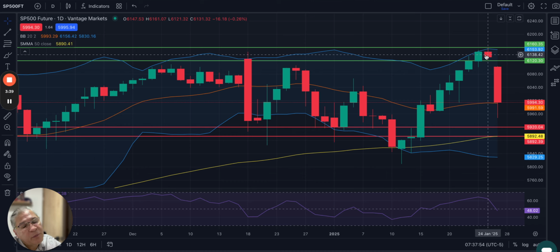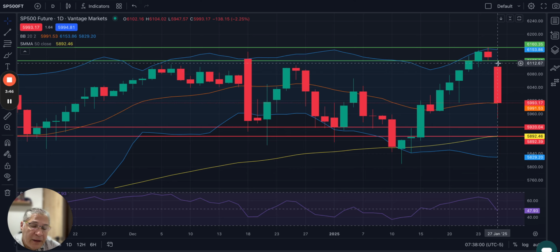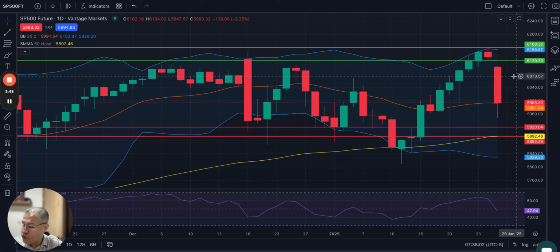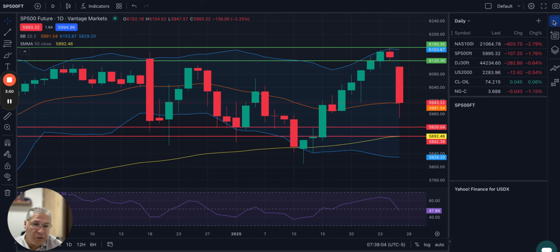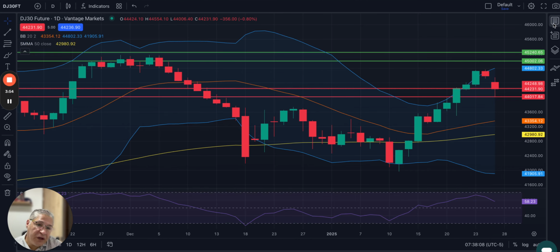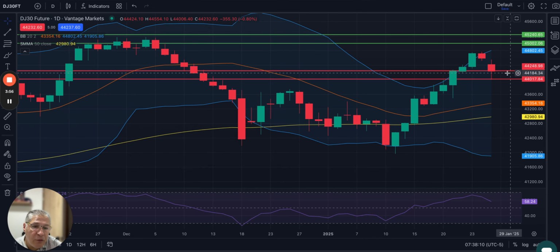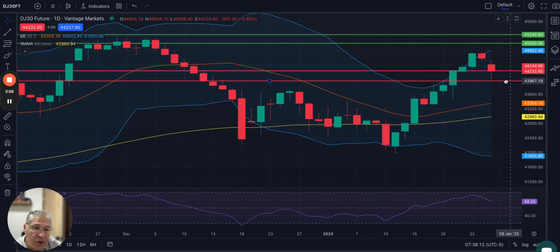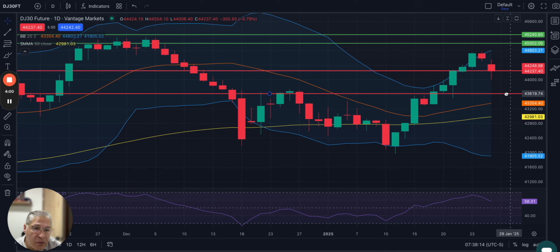So we open in the red. We closed in the red on Friday, and today we open with a gap down and are strongly moving back downwards. All of the indices are doing the same, which implies that a continuation of this move will most likely happen.